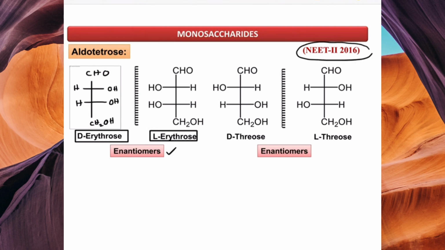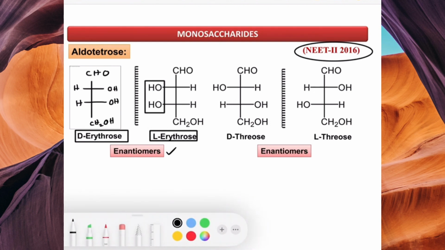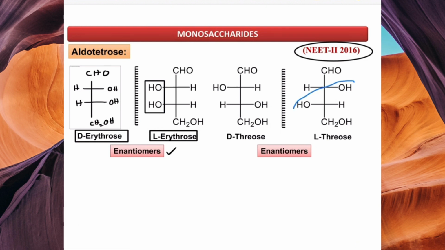This question was asked in NEET 2016. Important: erythro means similar groups are present on the same side, while threo means similar groups are present on the opposite side. NEET 2016 question, important.